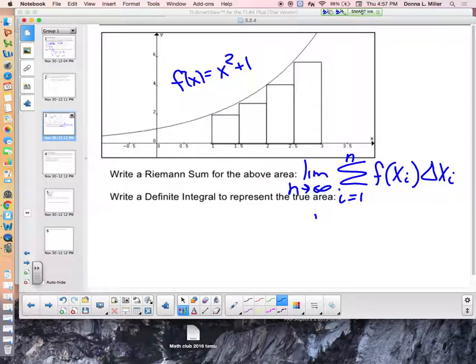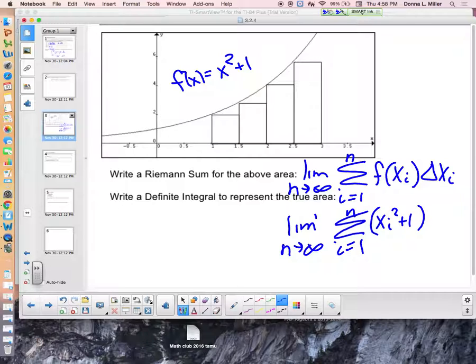We're going to assume we have even rectangles, so in which case, it's 1 to n. I'm not going to use any specifics here. f of xi is xi squared plus 1, times delta xi. So that's your Riemann sum. I don't want to get too far into that just yet.